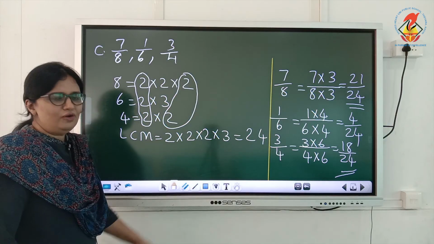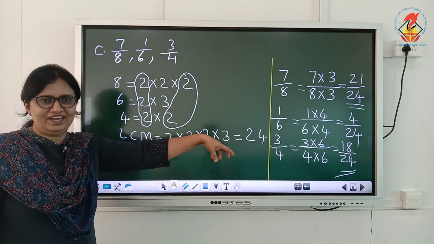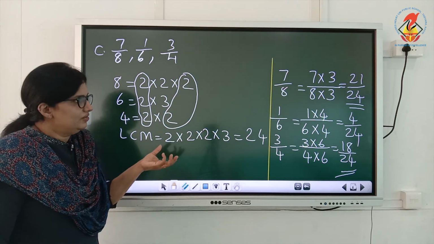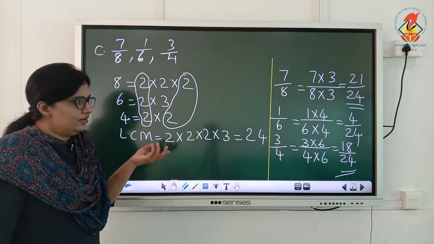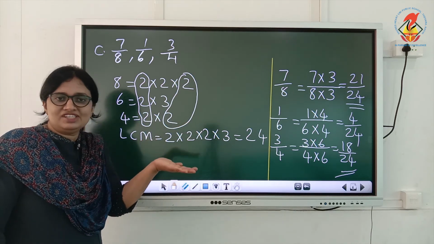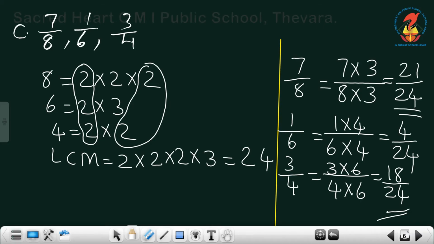See, now all the fractions are like only, right? Now, we can compare easily, right? How can we compare this? 21 by 24, 4 by 24, 18 by 24, all the fractions are like only. And we need to arrange in ascending order only, right?